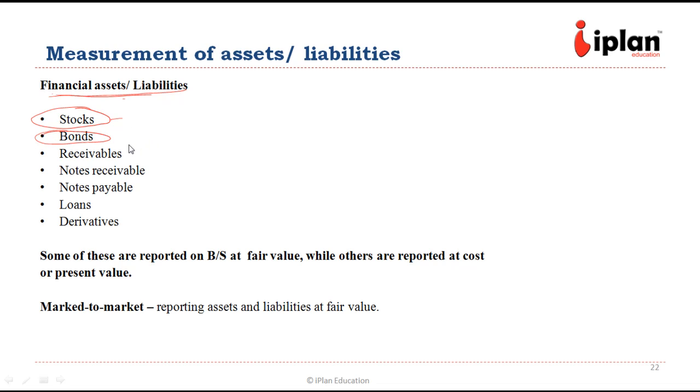Similarly, bonds could be a financial asset or financial liability based on whether the company has issued bonds to raise funds. In that case it is a financial liability, and if the company has bought the bonds of some other company, then it is a financial asset. If we look at the receivables, they are current assets.